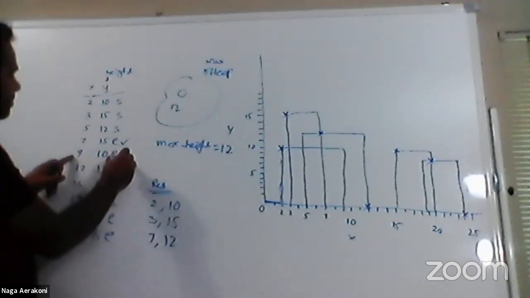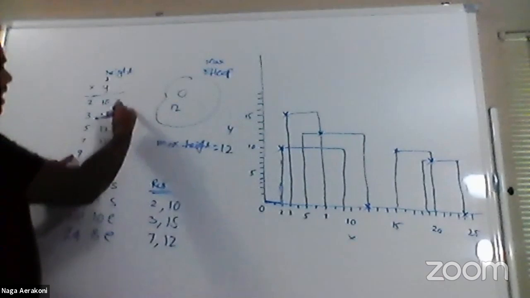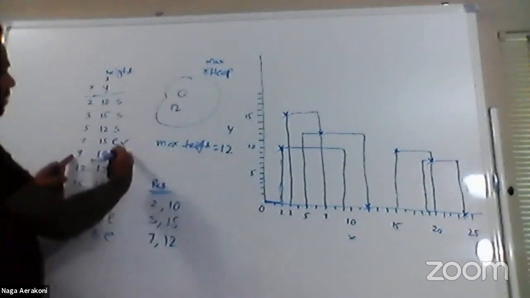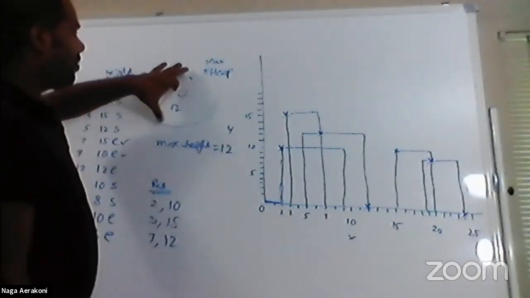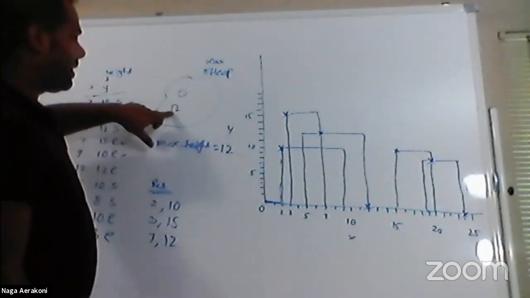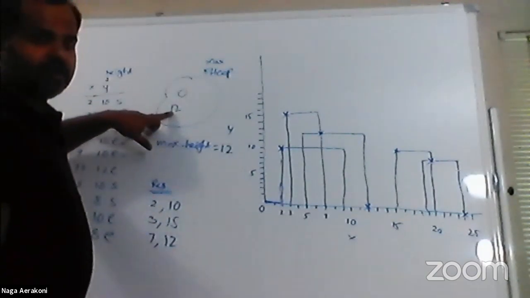Like if I'm actually now in the start, we keep adding, but in the end we keep removing from the priority queue. Priority queue adds the height, right? So in this priority queue, what we need to ensure is that we always get the latest maximum height.